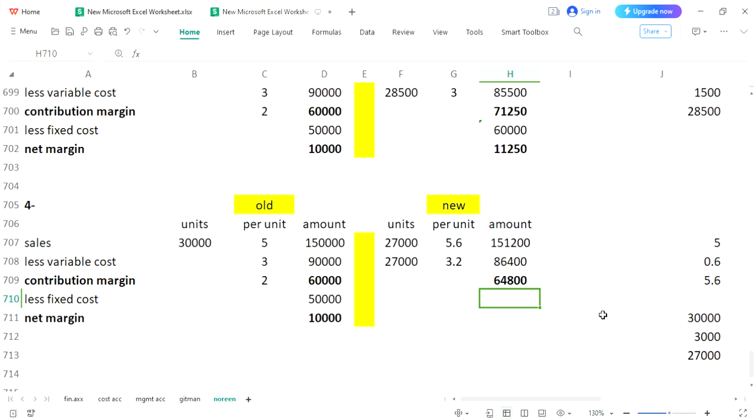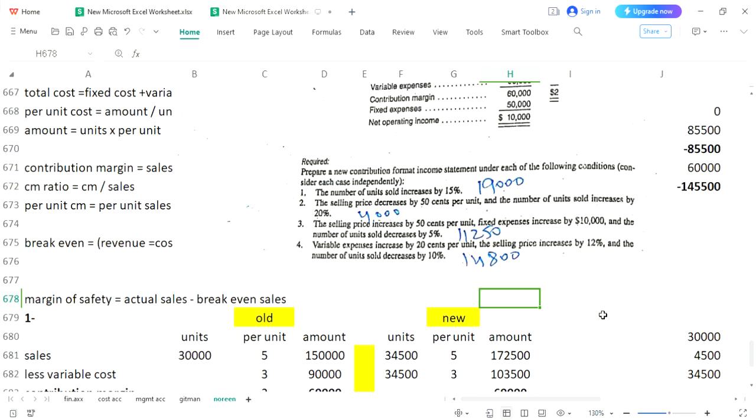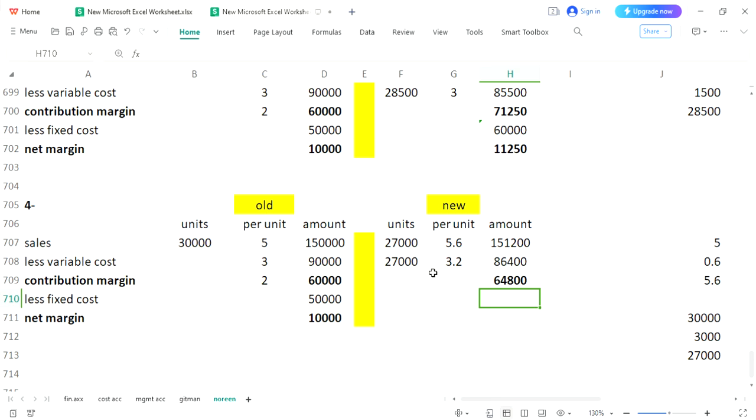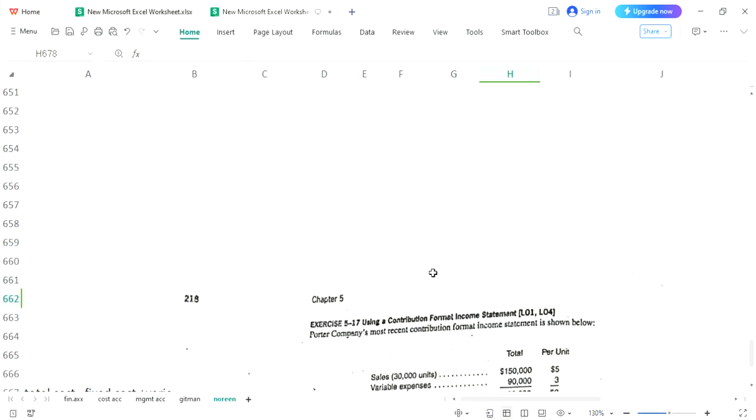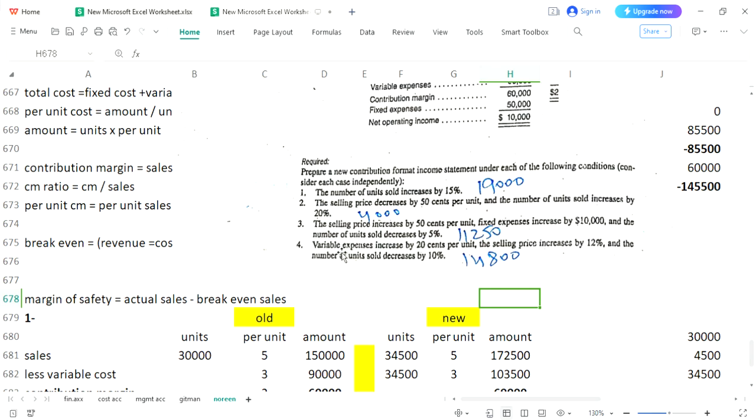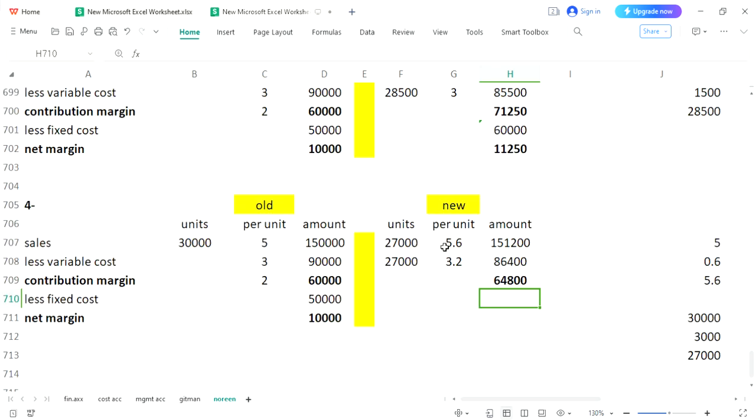Fixed cost. Let's see if there is any story about fixed cost in the question. Variable expenses were discussed, selling price was discussed, and number of units sold was discussed. Fixed cost in number 4 has not been discussed. Over here you can see fixed cost is not mentioned. That means fixed cost would remain similar as it was.